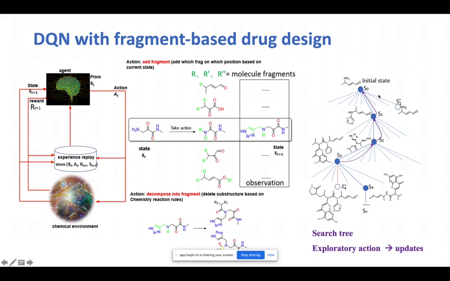So the way we do it through this reinforcement search is, we have an initial structure, and then we do these exploratory actions to look into many possible combinations of fragments. And then we identify good ones, and then we keep searching, and we update the good conformations with better and better so-called value functions.